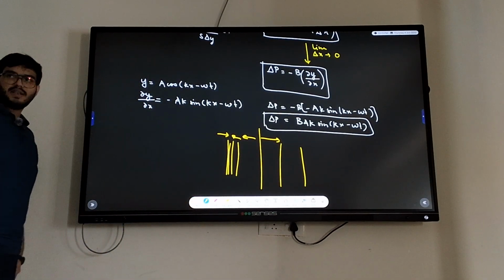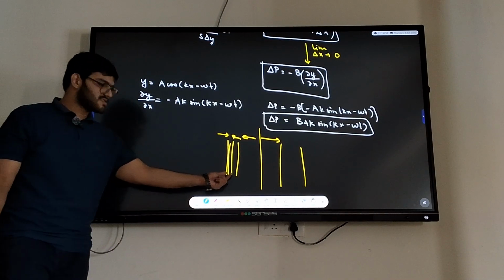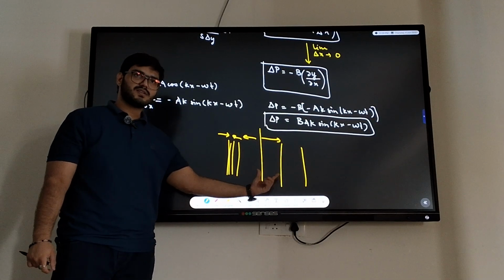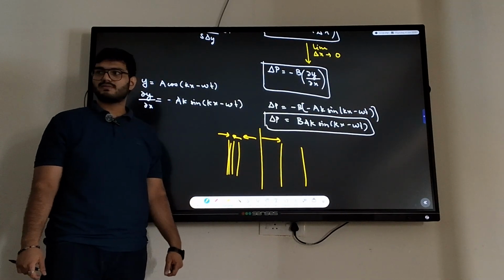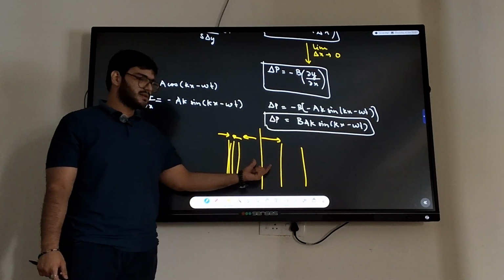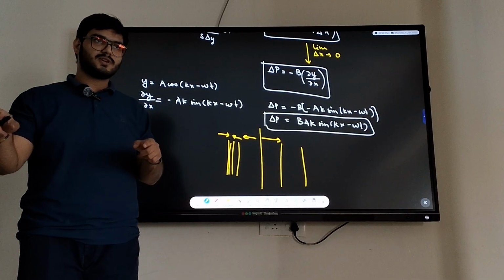And as the wave moves through the medium, obviously you will have regions of high pressure and regions of low pressure. So there will be a variation in pressure. Does it make sense or not? Just by looking at this variation in pressure, can you predict how the wave will move?